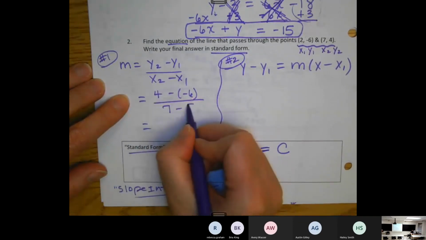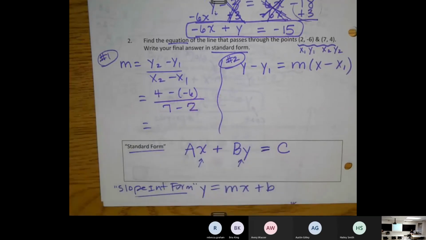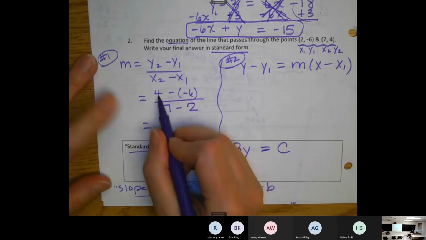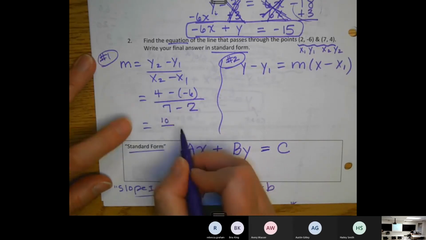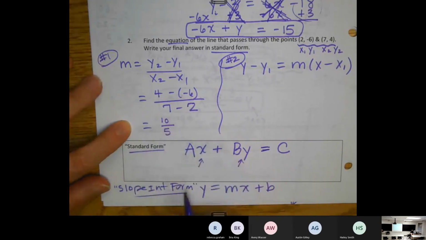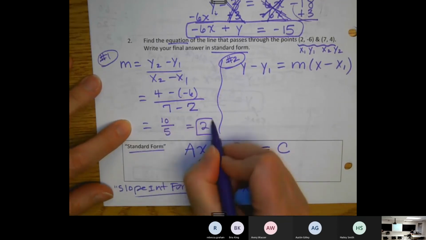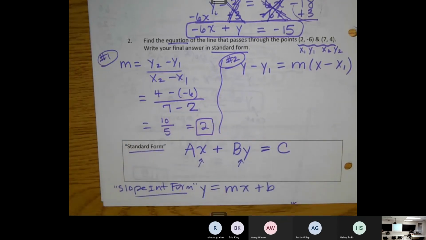Let me know what you get. 2. 2 sounds good. Looks like a double negative on top makes 4 plus 6. And subtraction on the bottom. 10 over 5 makes 2. Great. Let's give everybody a minute to catch up with us there. Let us know if you need help finding that slope of 2.